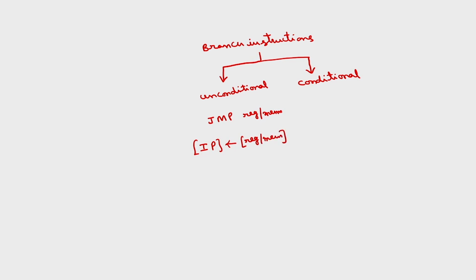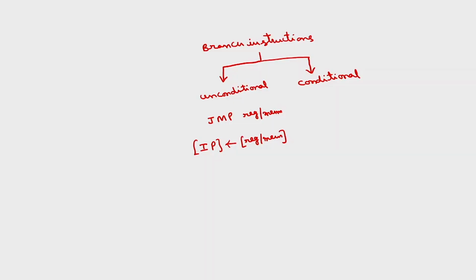We know the purpose of this instruction pointer, which always holds the 16-bit offset, from the starting of that particular segment, of the instruction which is to be executed next. Address in the sense here only the offset, the address of the instruction which is to be executed next.